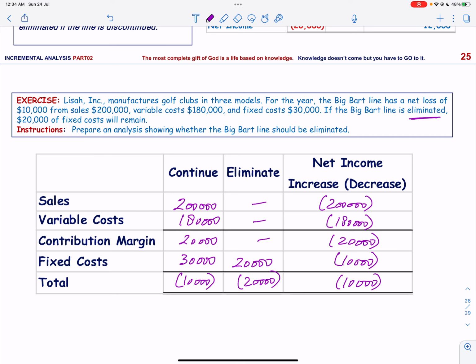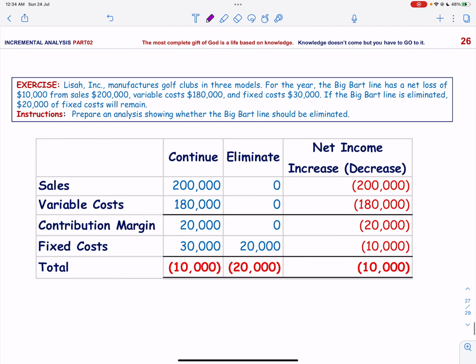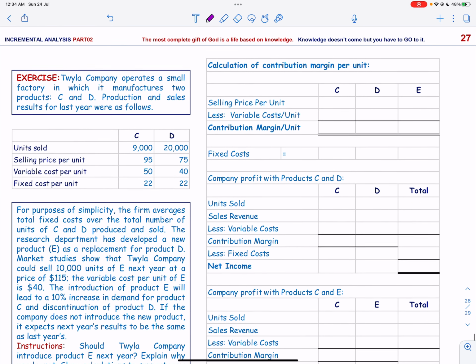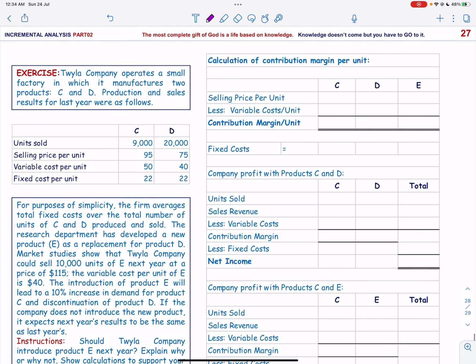Let us look into one more exercise. The company operates a small factory in which it manufactures 2 products, C and D. Production and sales results for last year were as follows: units sold for C and D, selling price per unit, variable cost, fixed cost.